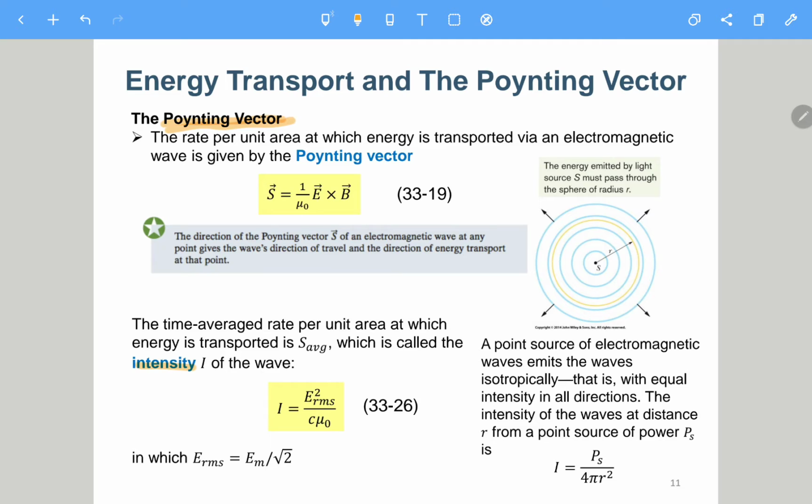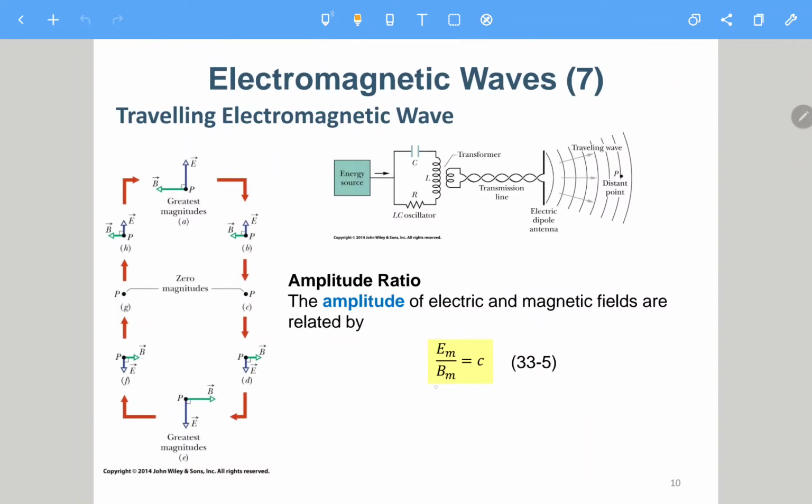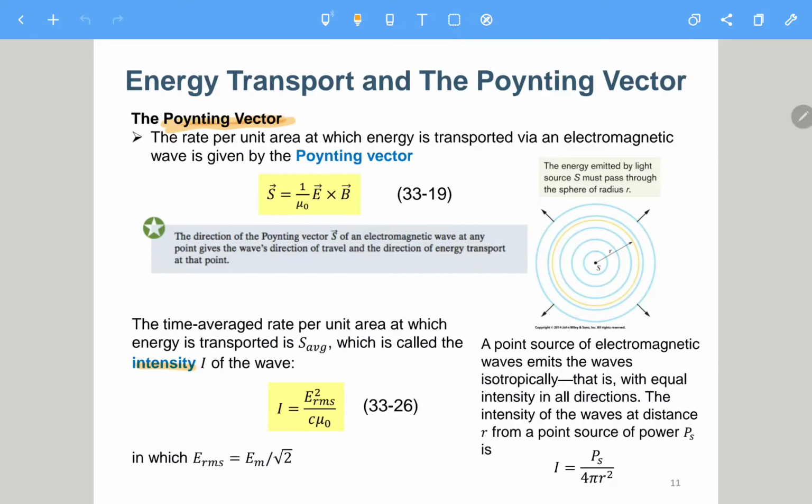Because just now we know that E_m over B_m is c. So here, when we try to take the absolute value of S, which means the magnitude of this vector, we call it the intensity of the light.